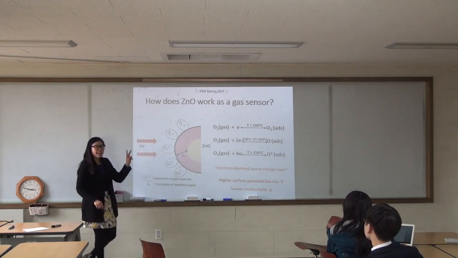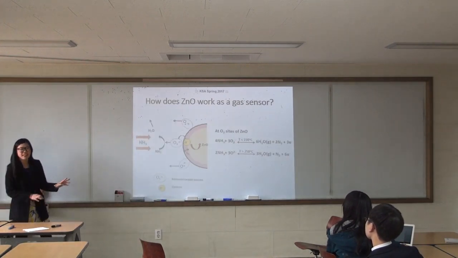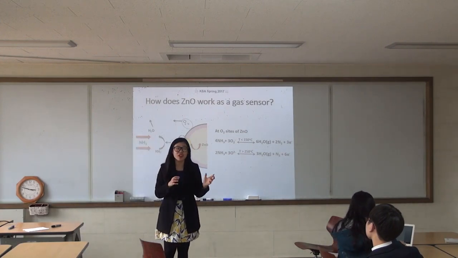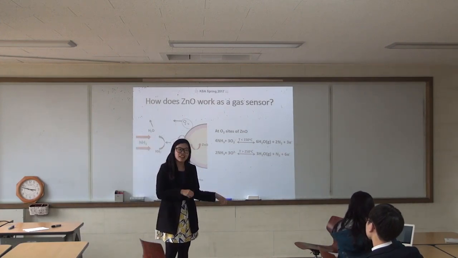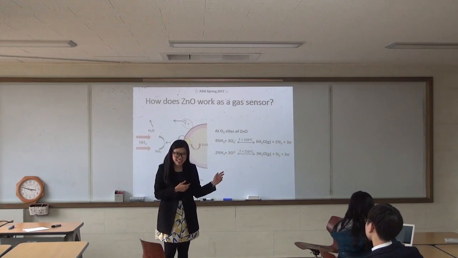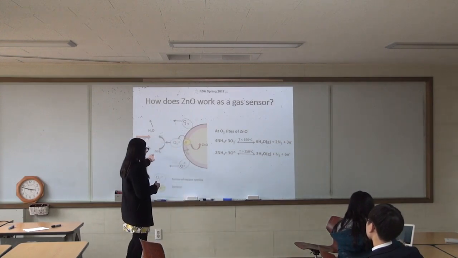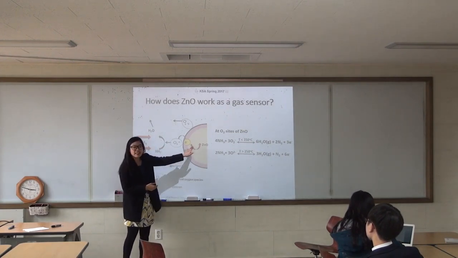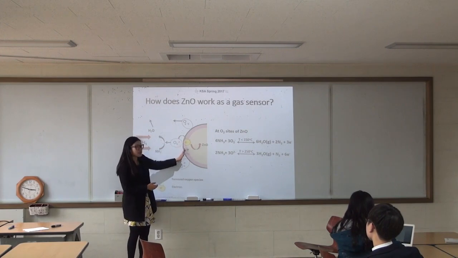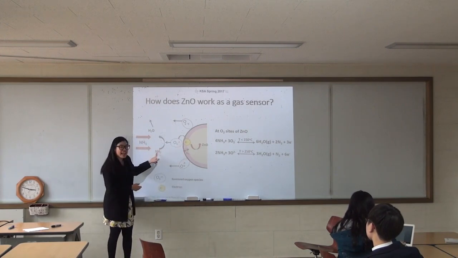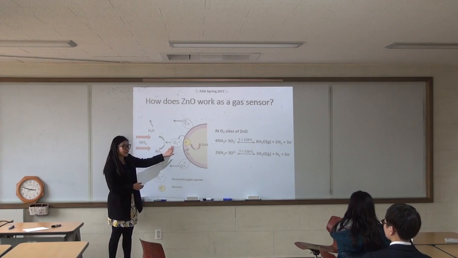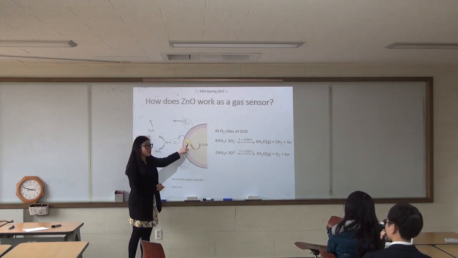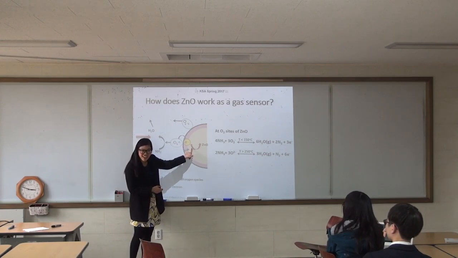The first step is exposure to air. For the second step, it is exposed to the gas that we want to analyze. Today we look at ammonia gas. When we purge ammonia gas into the system, the ammonia reacts with the oxygen on the zinc oxide with the depletion layer. Then the oxygen releases the electron back to the conduction band of zinc oxide.